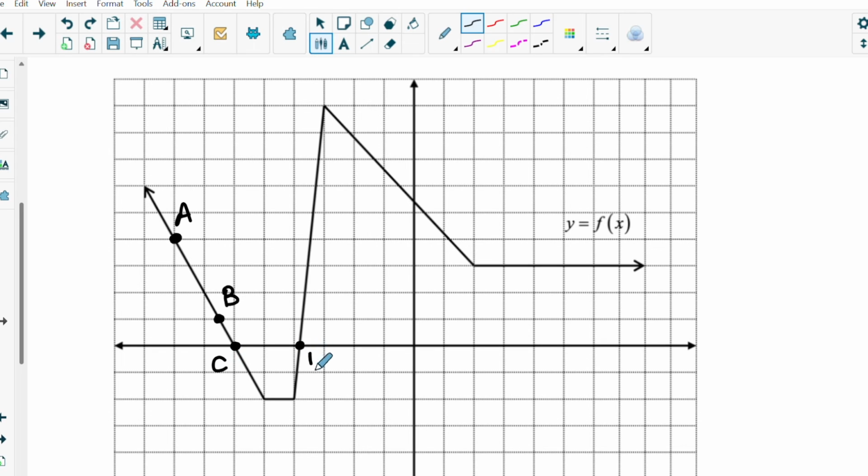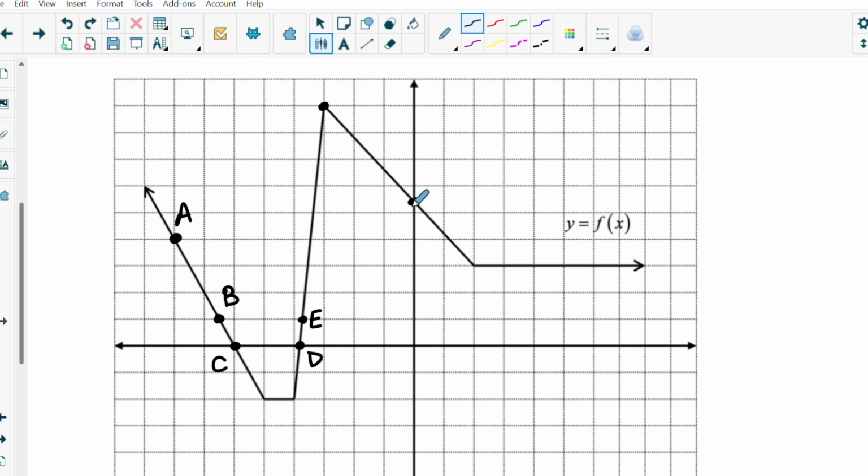D, another invariant point. E, another invariant point. F, all the way up here, the maximum, actually no, not the maximum, but F all the way up here, that is at -3, 9.